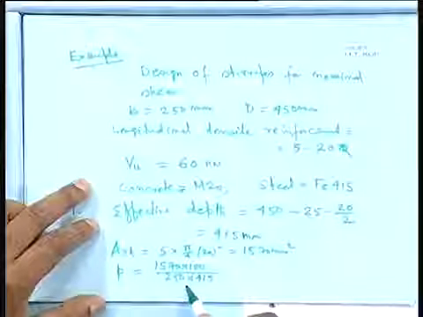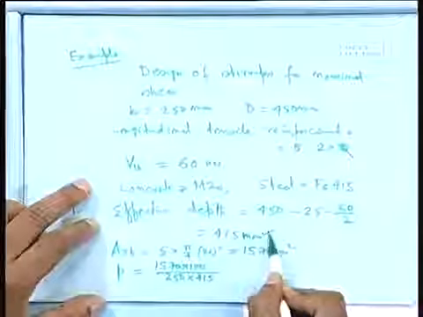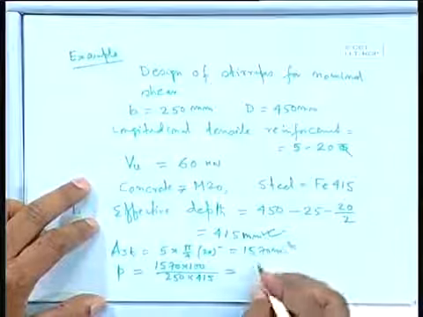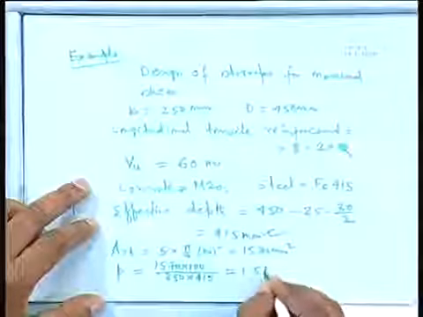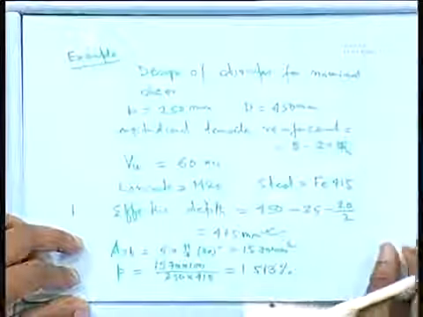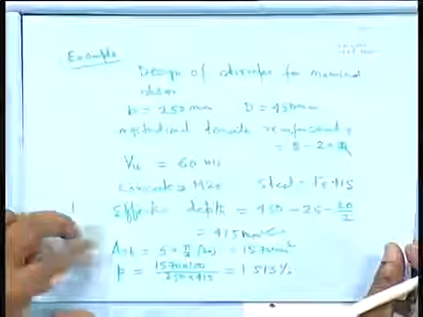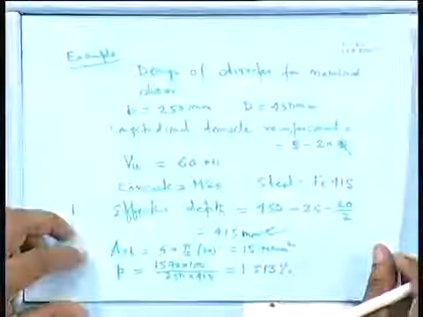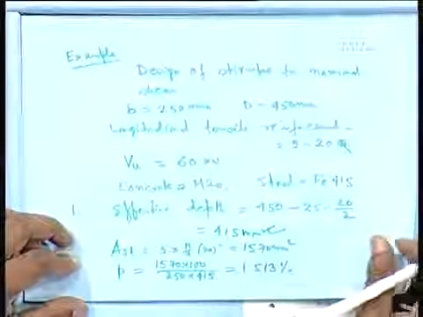Please note, this 415 is the effective depth which we have computed here, which comes as 1.513 percentage. Okay. This P we shall take for calculating tau C.